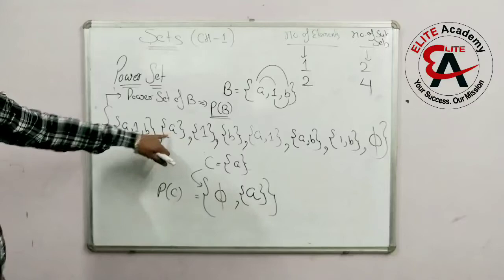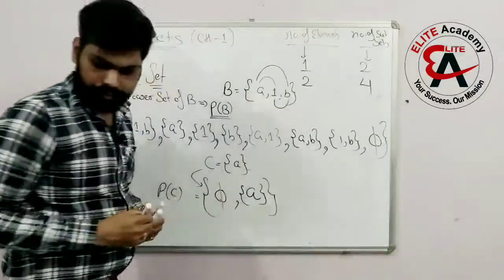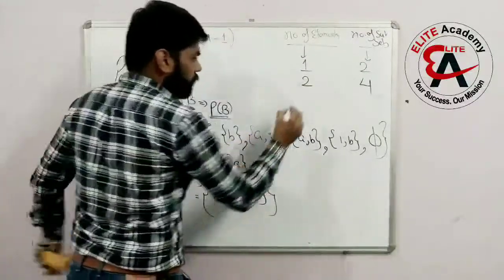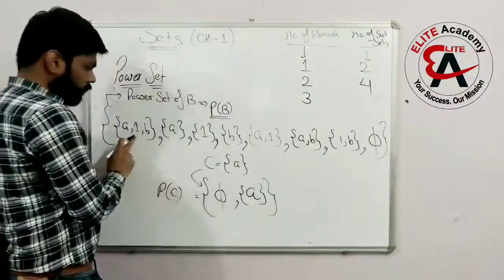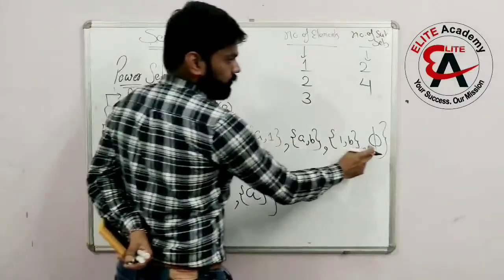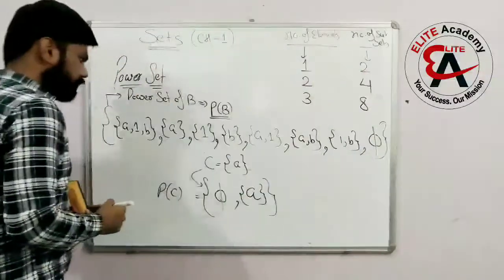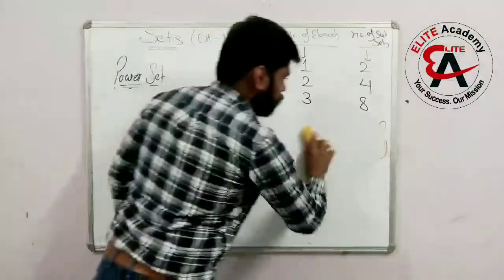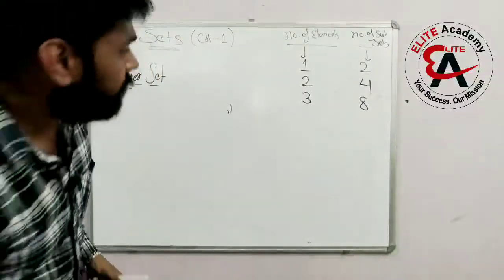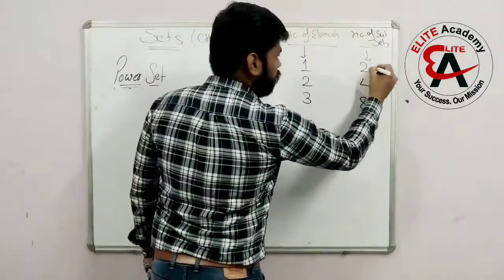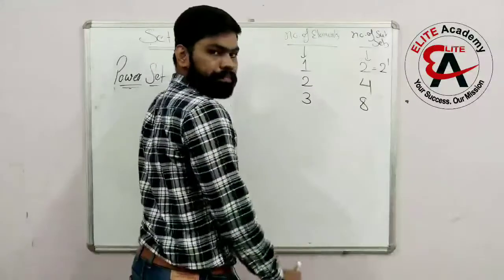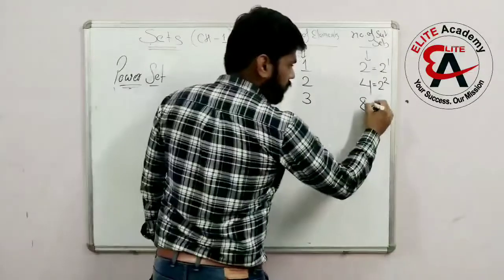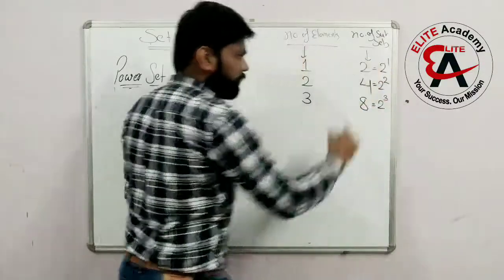In this example we have seen that when there are 3 elements, the number of subsets are 1, 2, 3, 4, 5, 6, 7, 8. That means we can figure out one thing: can I say this 2 is nothing but 2 to the power 1? Can I say this 4 is nothing but 2 to the power 2? Can I say 8 is nothing but 2 to the power 3?